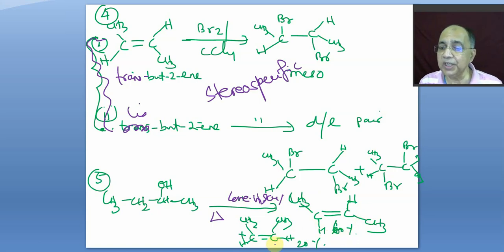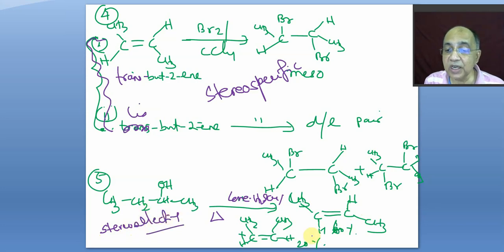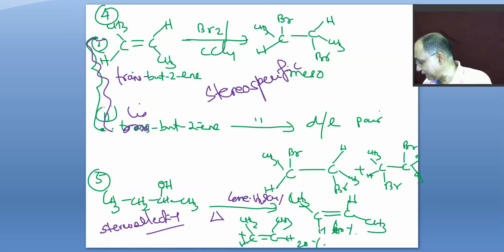So undoubtedly, in different varying quantities, the name should be stereoselective, because these are stereoisomers, cis and trans, in varying amounts. One is major, the other one is minor. So it is stereoselective.